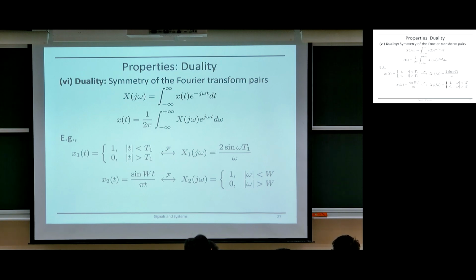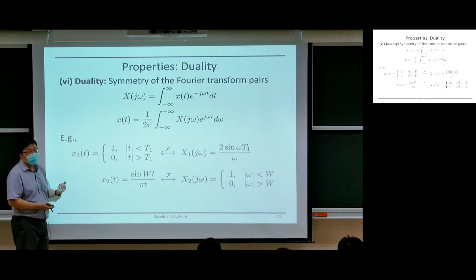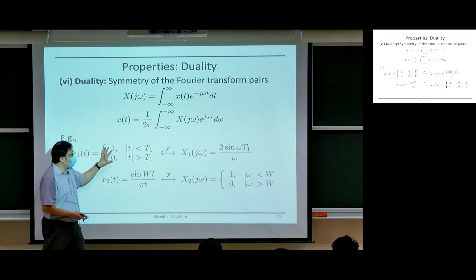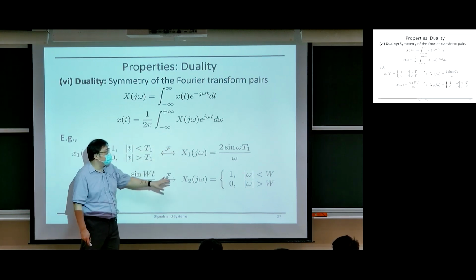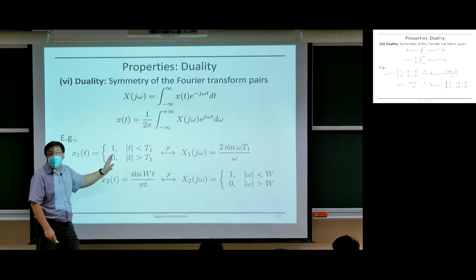So this often simplifies your computation of either the Fourier transform or the inverse Fourier transform. Because often it's easier to go from one form to the other form, and not as easy to go from that form back.